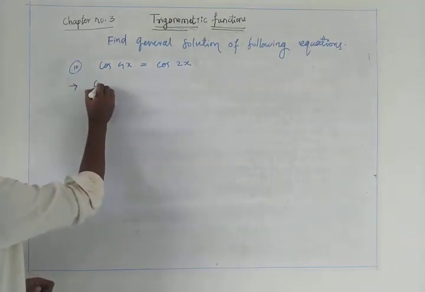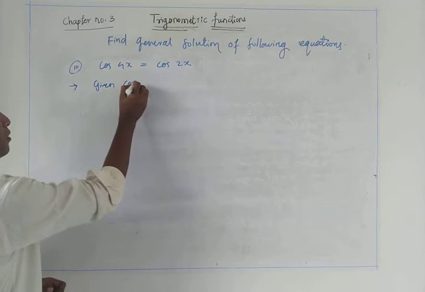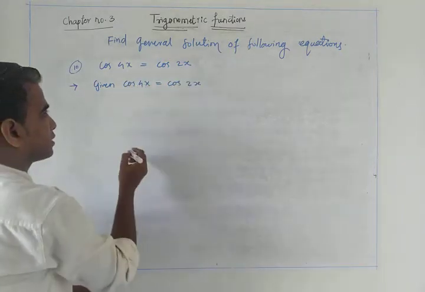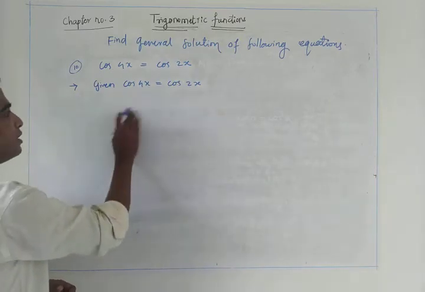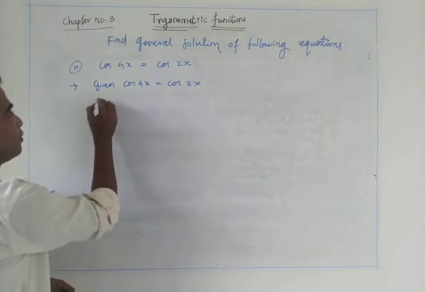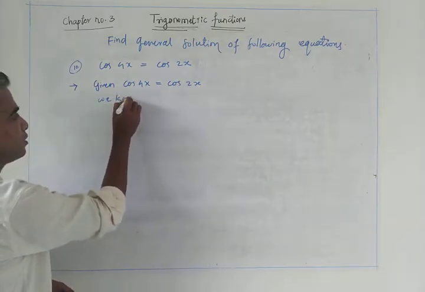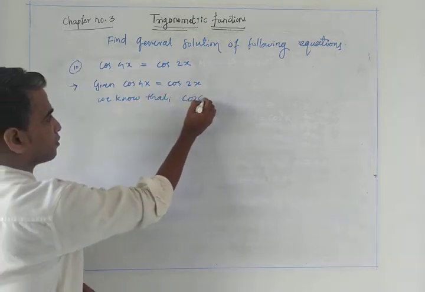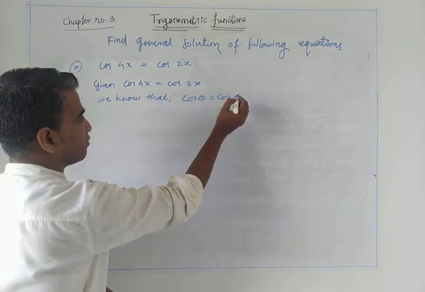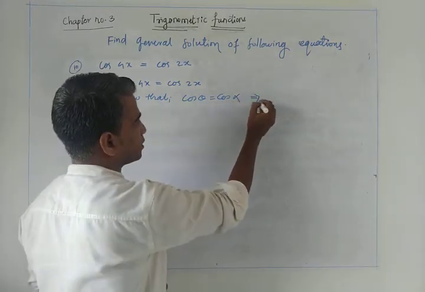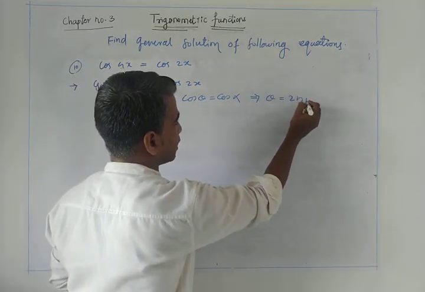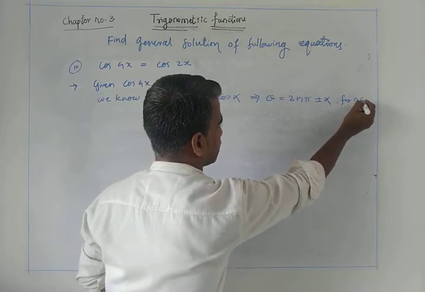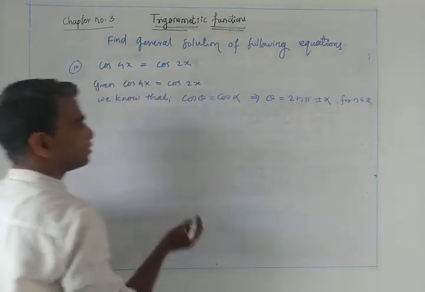First, given cos 4x is equal to cos 2x. Now directly they are given in a simple format, so we are going to use the formula. So we know that cos theta is equal to cos alpha implies theta is equal to 2n pi plus minus alpha for n belong to z.